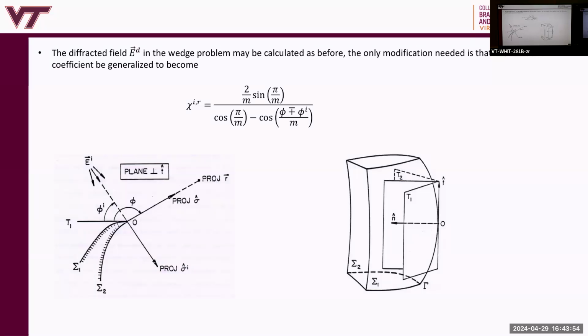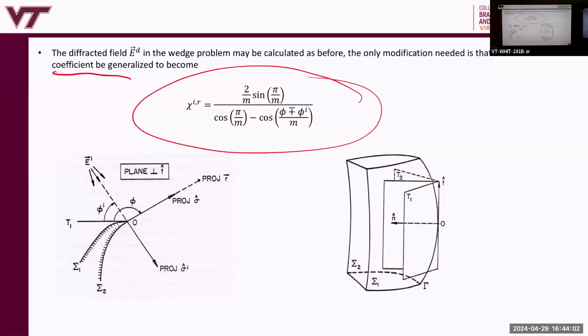So the diffracted field in the wedge problem may be calculated as before. The only modification needed is that the diffraction coefficient is generalized to become this. And we derived this last semester using exact series expansions, right? This is the exact same thing we derived last semester when we solved scattering from wedges. All right, these are the diffraction coefficients.